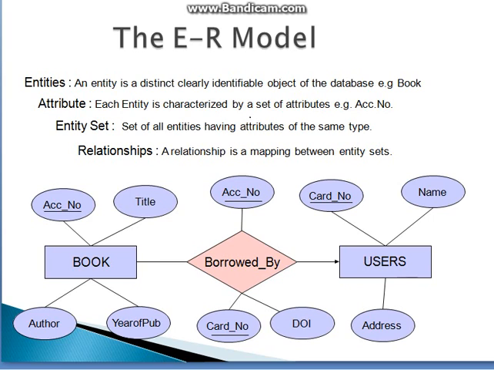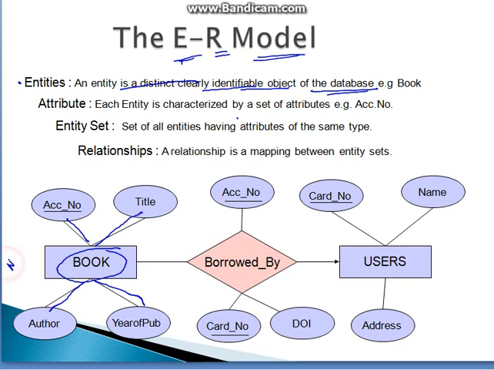The data model here is the entity relationship model. An entity is a distinct, clearly identifiable object of the database. For example, here book is an entity. Every book has its account number, its own title, a different author, and a different year of publication.